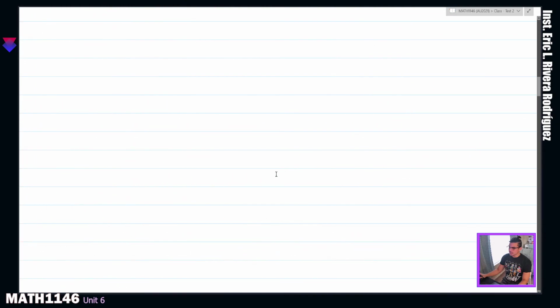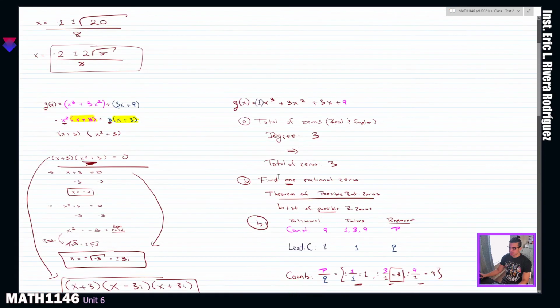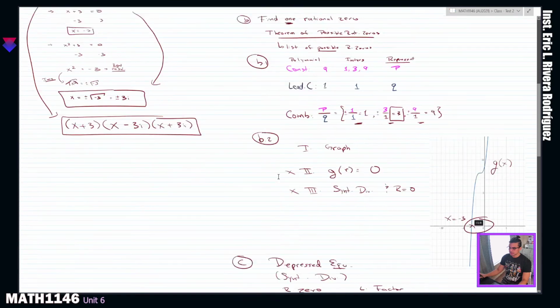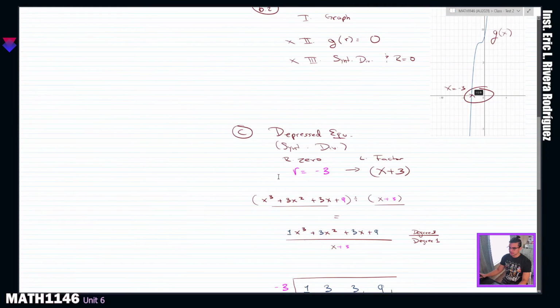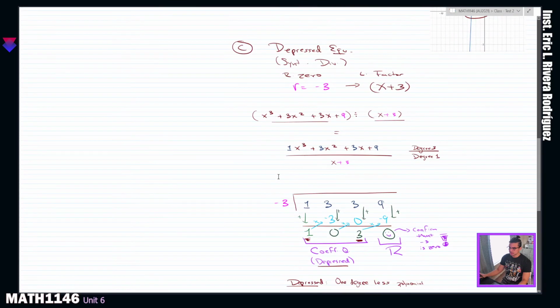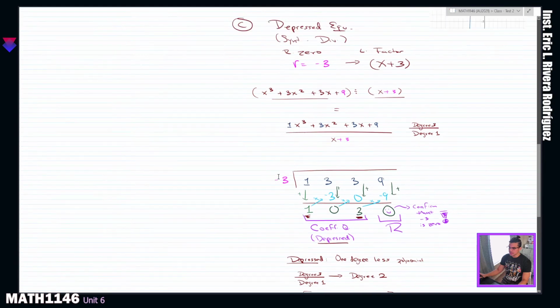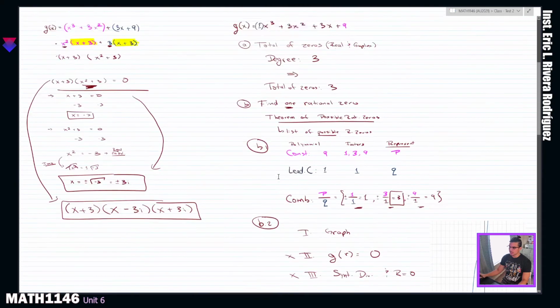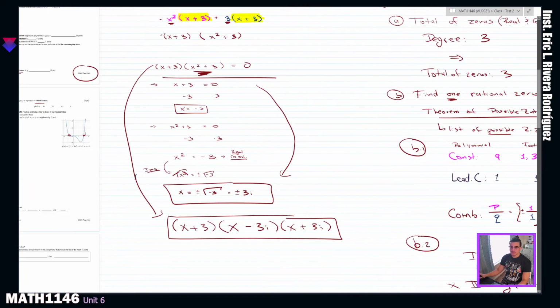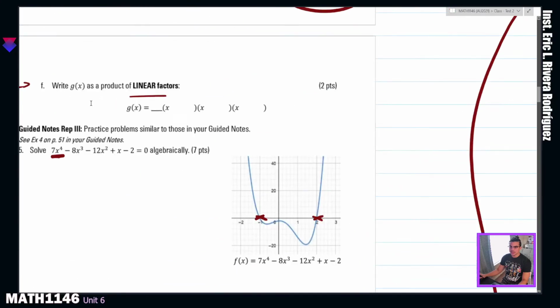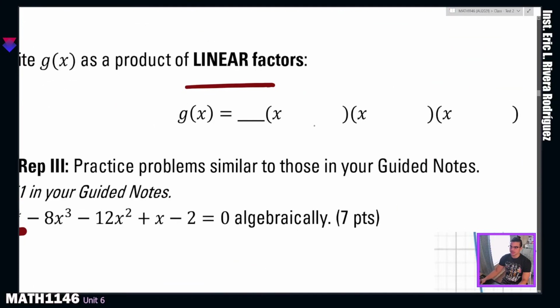What else am I missing here? I think that's it for the steps. One thing that is going to be tricky sometimes is to know what is the exact leading coefficient. Well, the leading coefficient, you can get it from the standard form, right?